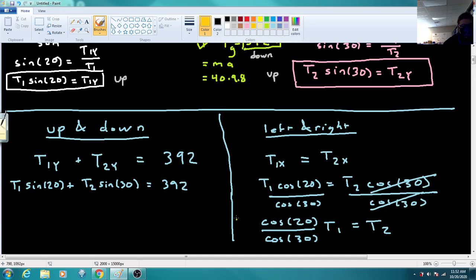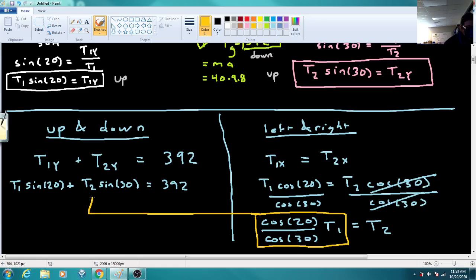Now what we're going to do with that information is take this part right here. This is what T2 actually equals. So we're going to replace the T2 over here with this statement.